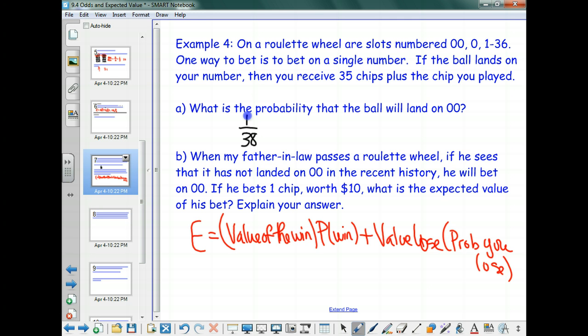That's how you do expected value. And there may be more than one win. I mean, you may be able to win $5 if this event happens, and then $3 if this event happens, and nothing if this third event happens. So it may not be a two-case scenario. This one is, you either win and you get a bunch of money, or you lose and you lose your first chip. Okay, everybody with me?